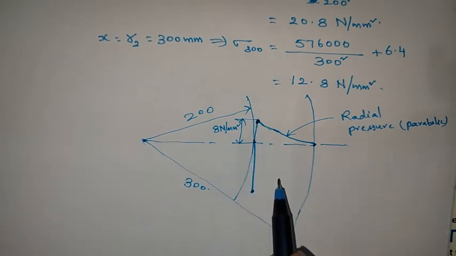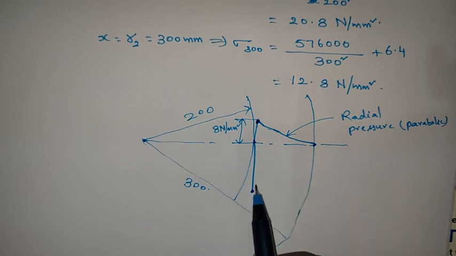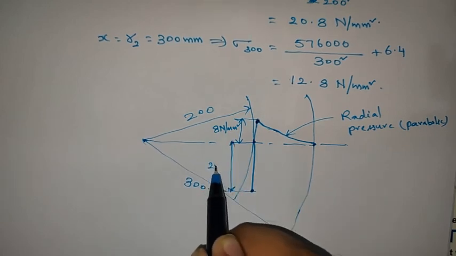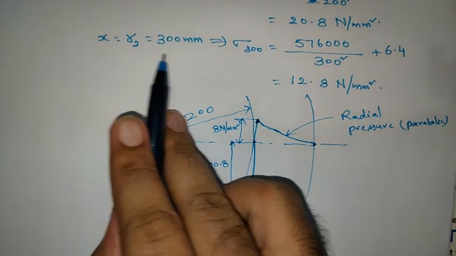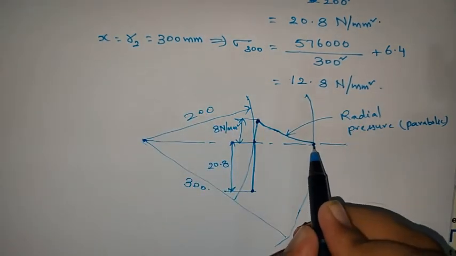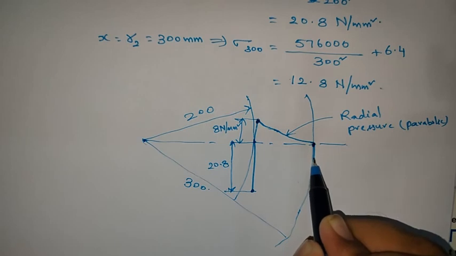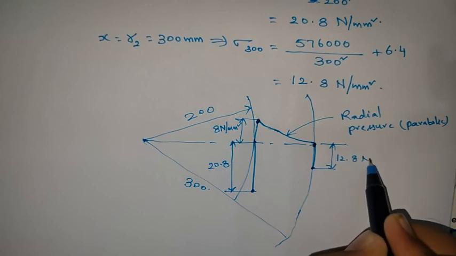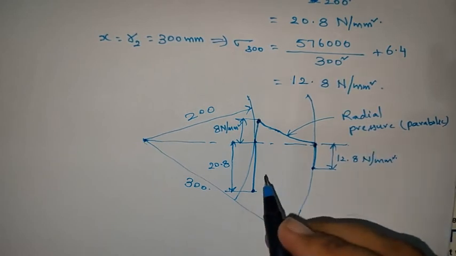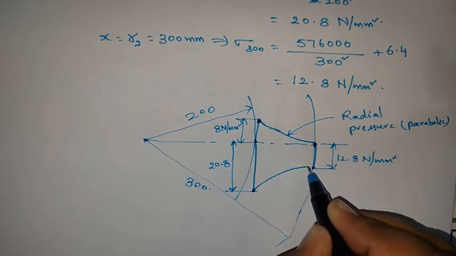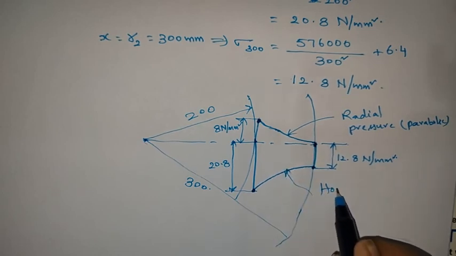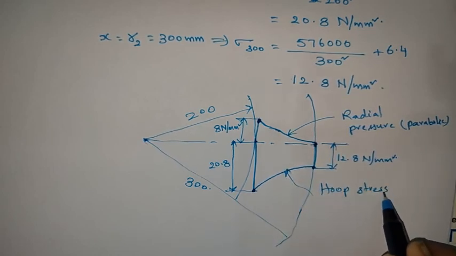Okay, and next, 20.8 is at the inner radius, and at the outer radius the value at x equals to 300 is 12.8 Newton per mm square. So now this stress is also going to be varying parabolically, right? So this one is hoop stress, that is sigma x.